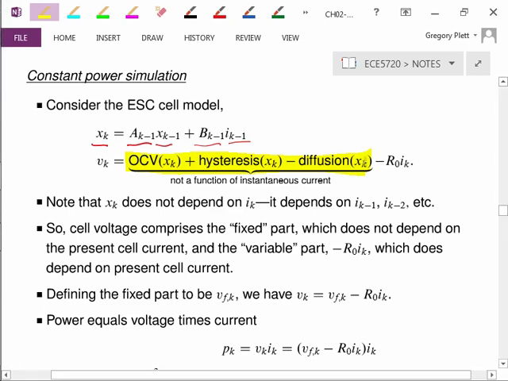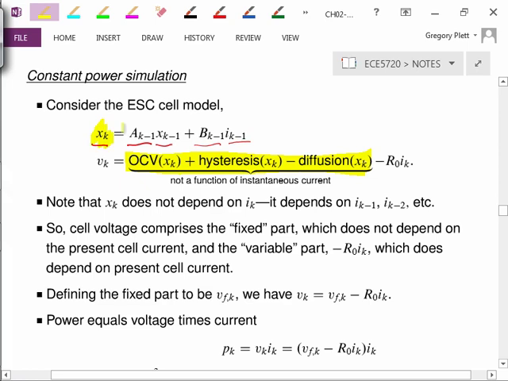Open circuit voltage is a function of state of charge, which is one element in X. Hysteresis is the maximum hysteresis constant M multiplied by the hysteresis state, and the hysteresis state is in the state vector X. And the diffusion voltage is the sum of the diffusion currents multiplied by respective resistances, and the diffusion currents are members of the state vector X. So all of those are functions of X.